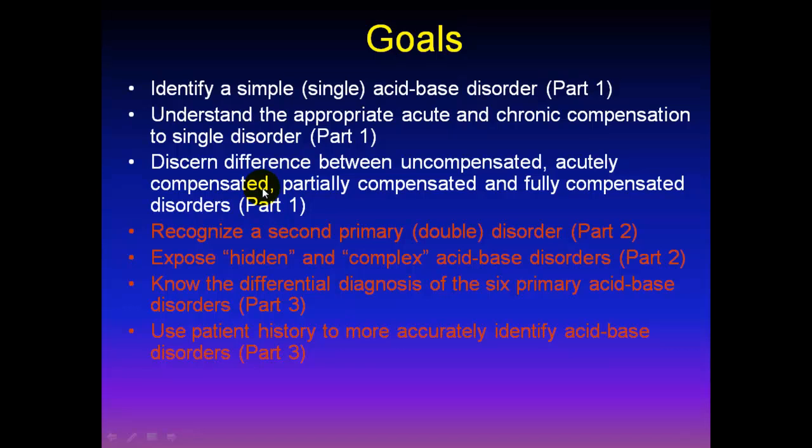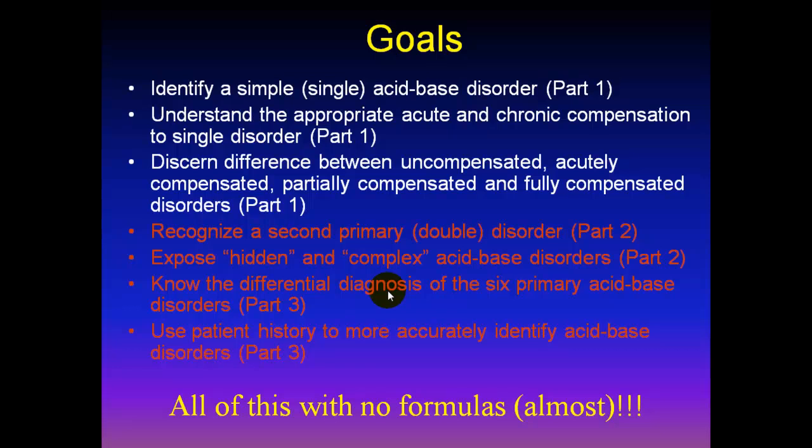In the other 2 talks, I'll go over double disorders, hidden and complex disorders, and how to utilize the patient's history to more accurately identify acid-base disorders. All of this, I hope, with no formulas, with perhaps one exception.